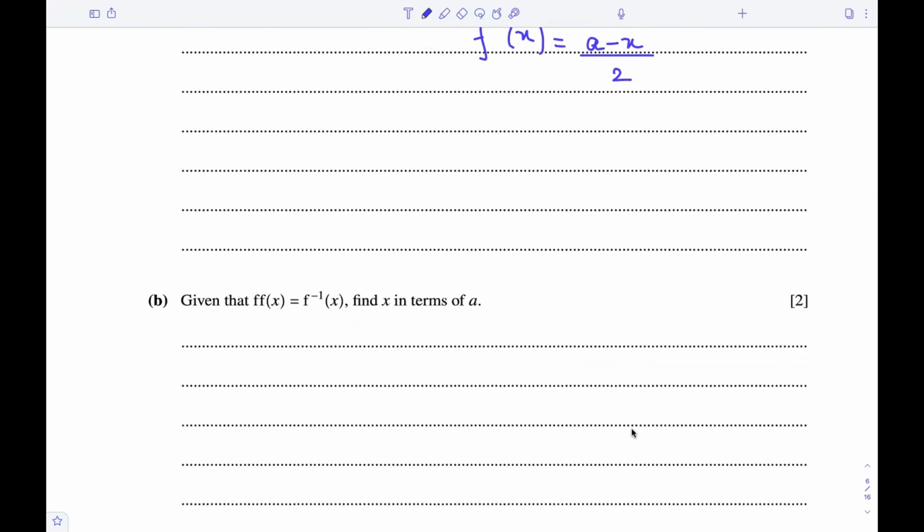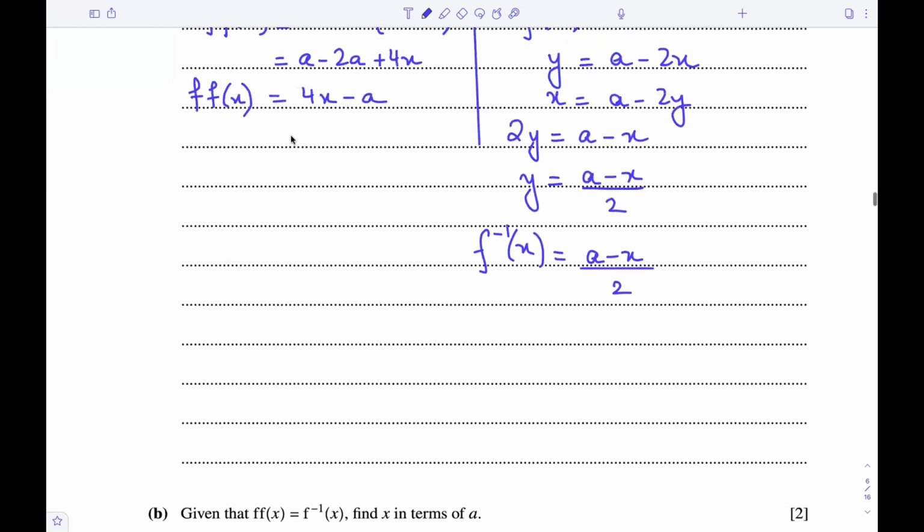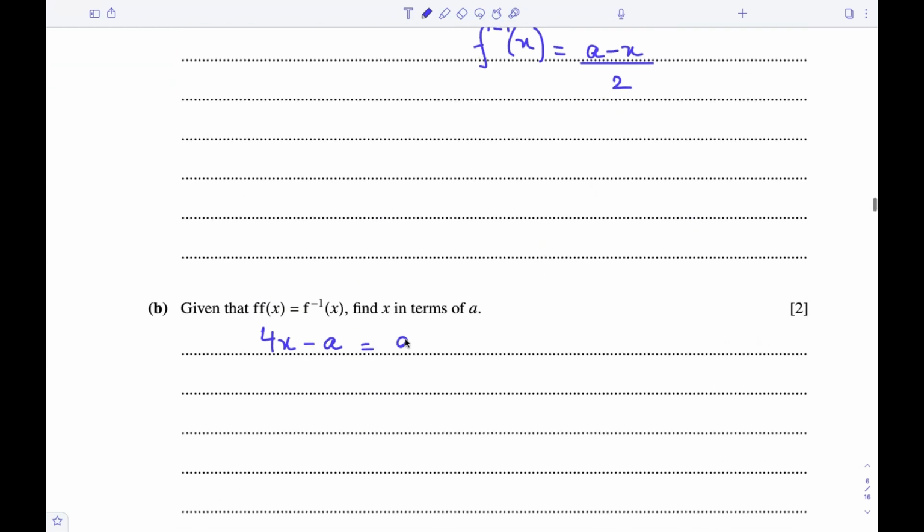In the next step, we have to find x in terms of a if f of f of x is equal to f inverse. So we know that f of f of x is equal to 4x minus a, and f inverse is (a minus x)/2. Cross multiplying, we'll get 8x minus 2a is equal to a minus x.